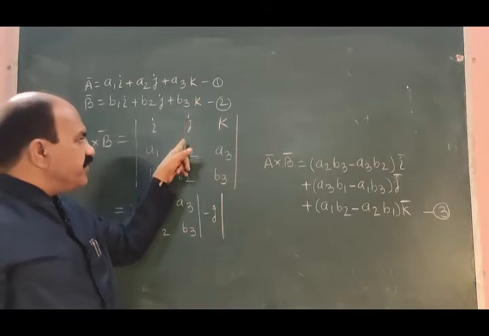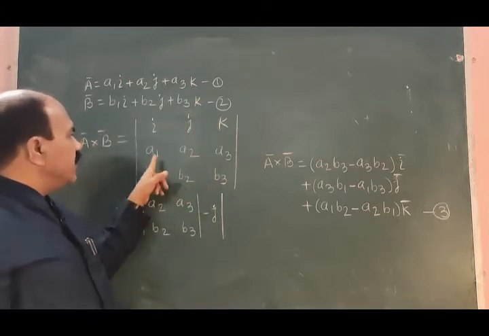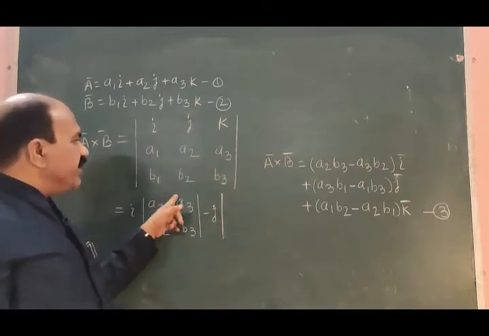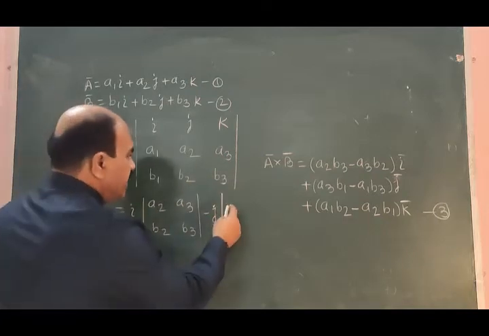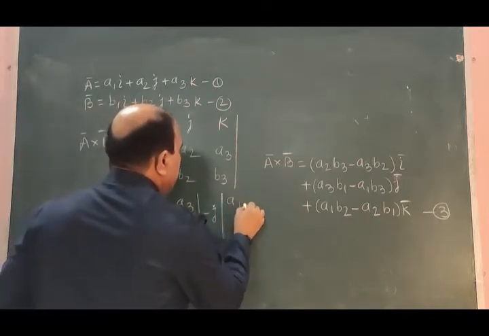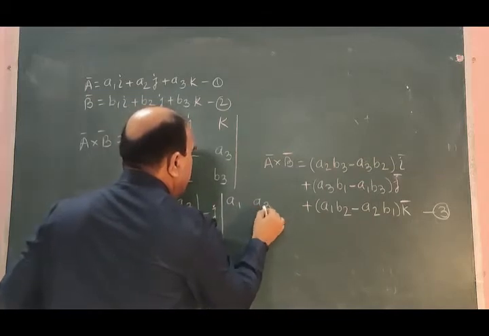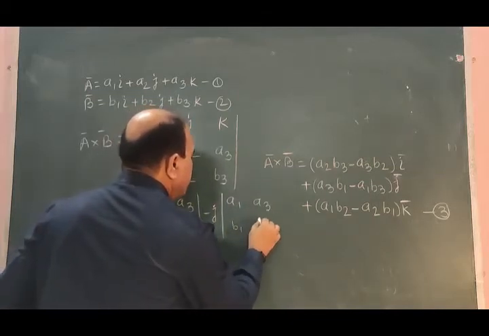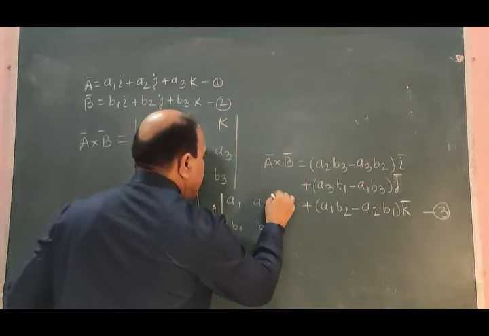If we skip this column and this row, A1, A3, B1, B3. Write it here: A1, A3, B1, B3.